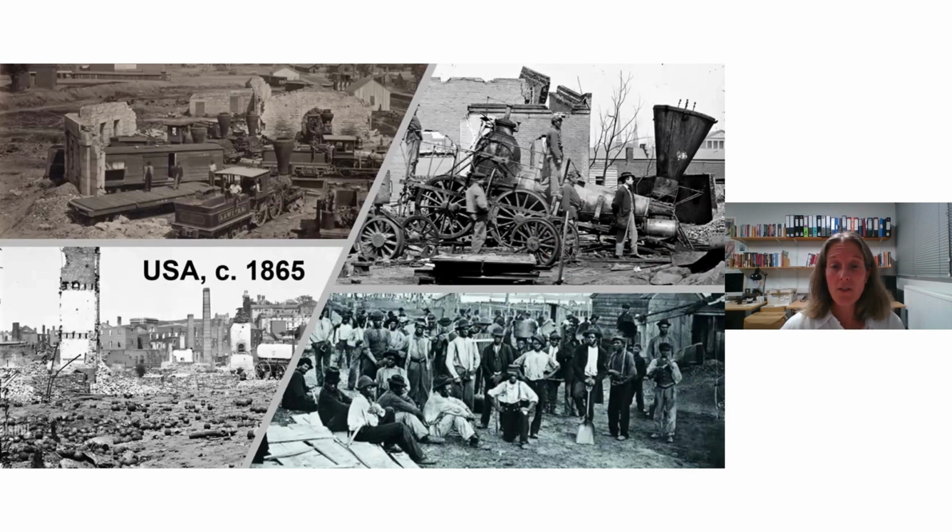The US changed enormously in the century or so that we're covering in this session. In 1865, the US was politically and socially divided as a result of 4 years of civil war, which had just come to an end. Economically, the North had developed its industry and transportation as a result of the wartime necessity and was beginning to develop into a modern industrial economy.